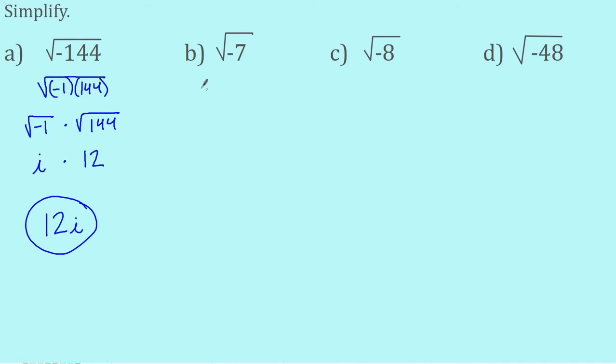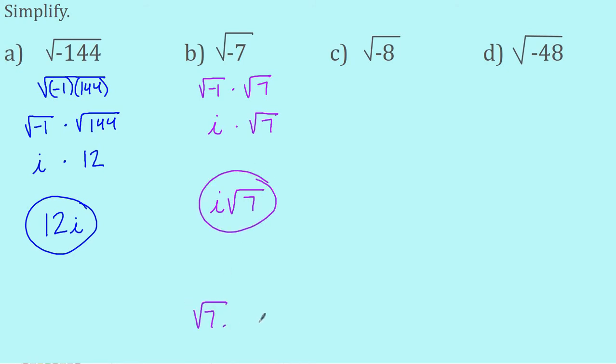For B, this is the same thing as saying the square root of -1 times the square root of 7. Well, the square root of -1 is just i, but the square root of 7 doesn't simplify. So we're going to leave the i in front of the radical, okay? We're not going to write it as the square root of 7 times i because it looks like the i is under the radical.